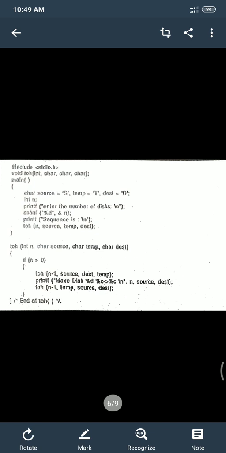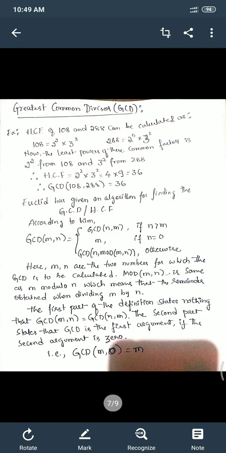So next, and the last topic of this stack application is greatest common divisor, which we name GCD. Hopefully you might have learnt it in your secondary education, school or college PU level.